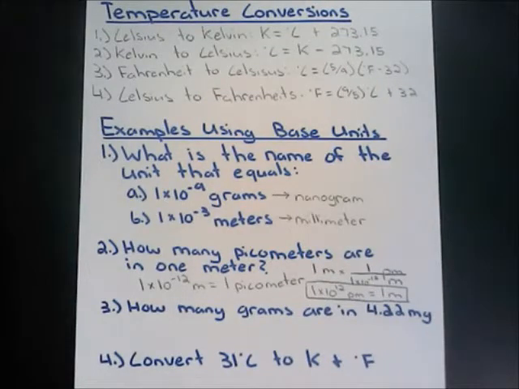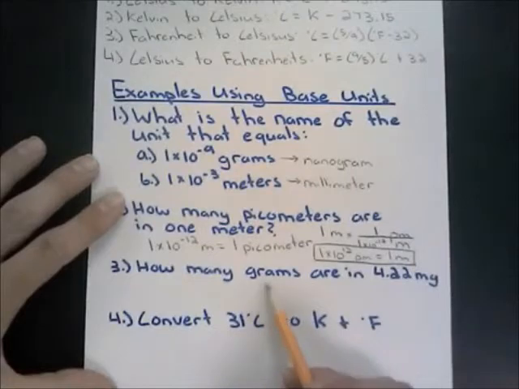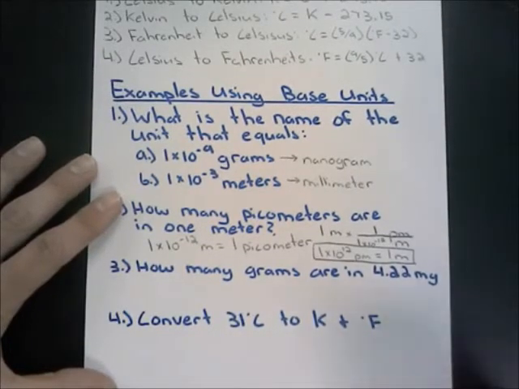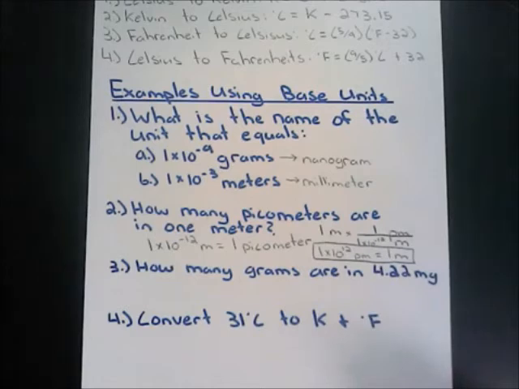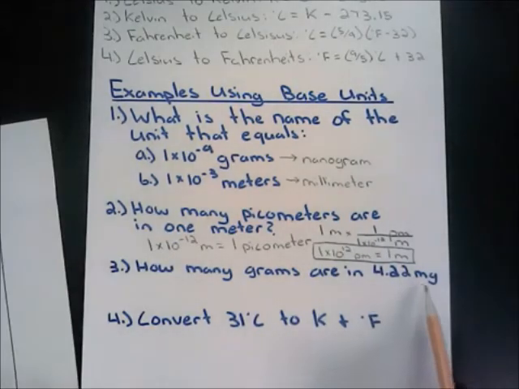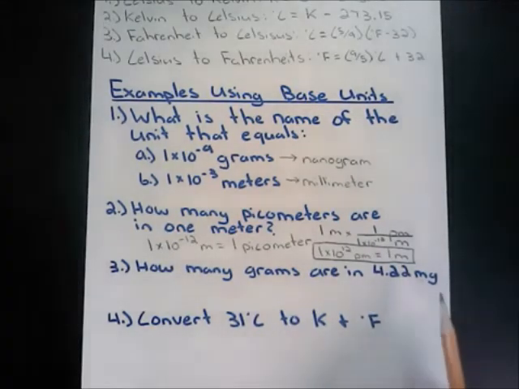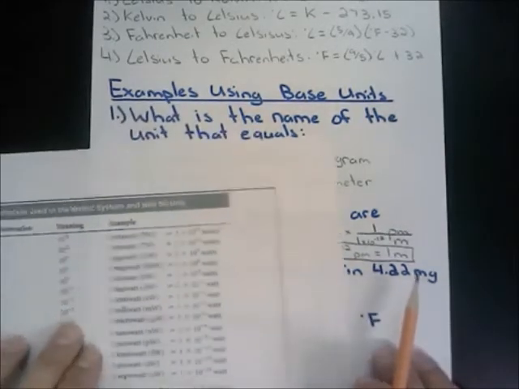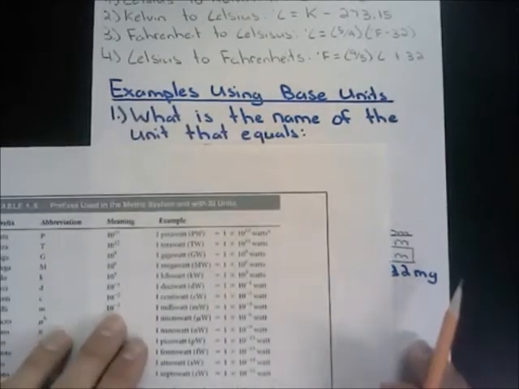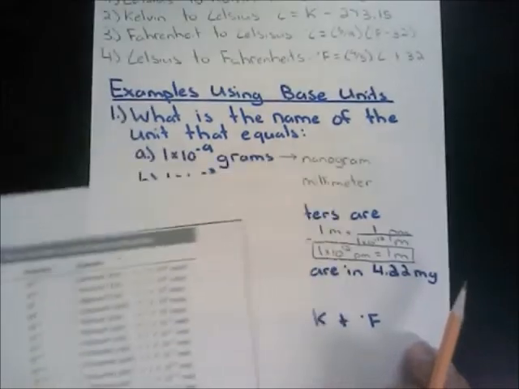And so we can do the same thing in this problem below. We want to know how many grams are in 4.22 milligrams. So almost like the reverse process. The first thing again is we go and we find mg, which is the abbreviation for milli, and we see here that the meaning is 1 times 10 to the negative third.